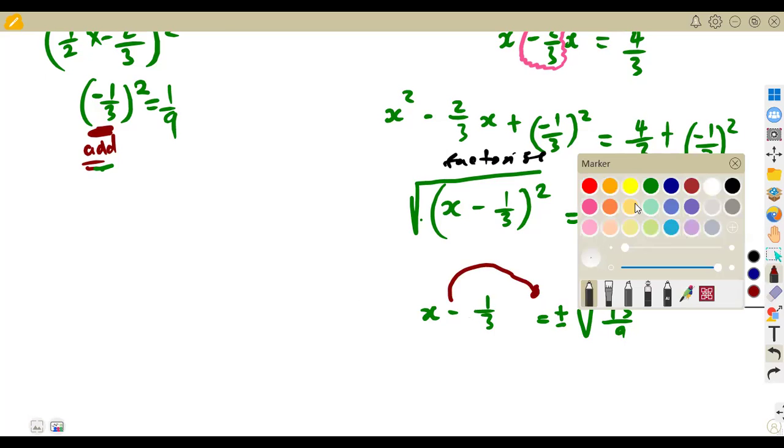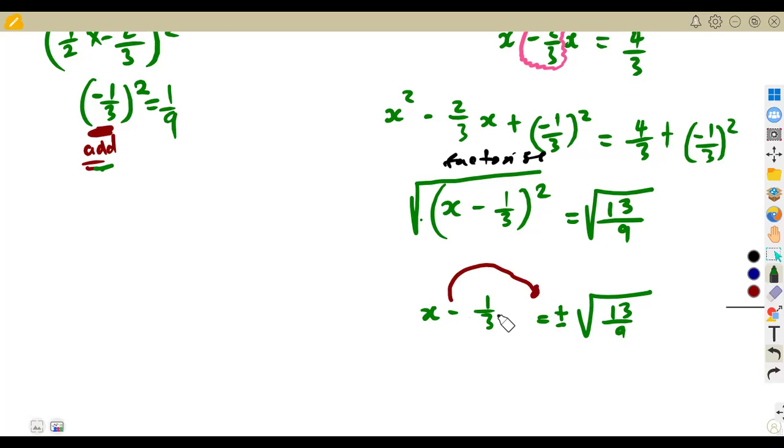So when this number jumps the equal sign, the sign changes and becomes a positive. So it was a minus on this side. On the other side, it's going to be a positive. So x is going to be a positive a third. But already here, there's a plus or minus that was already there. Plus or minus the square root of this part, which is 13 over 9.